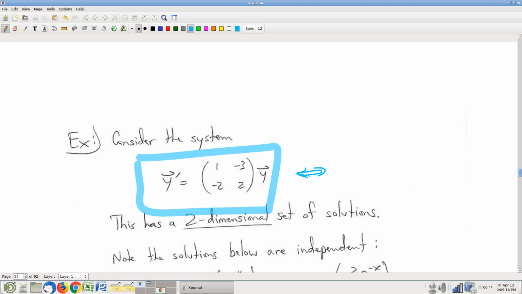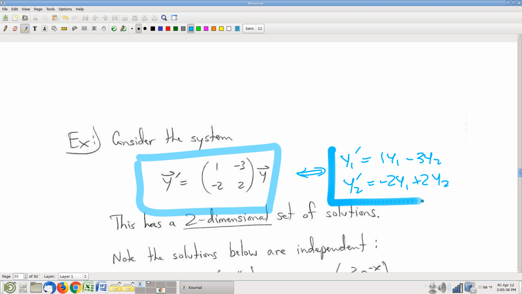This says y1 prime equals 1y1 minus 3y2, and y2 prime is negative 2y1 plus 2y2. So I didn't mean to put a vector. There we go. Okay. So that matrix equation is equivalent to this system.